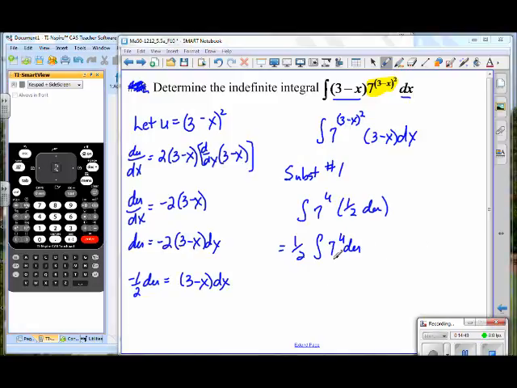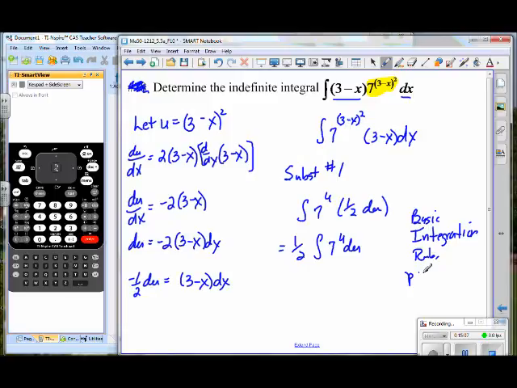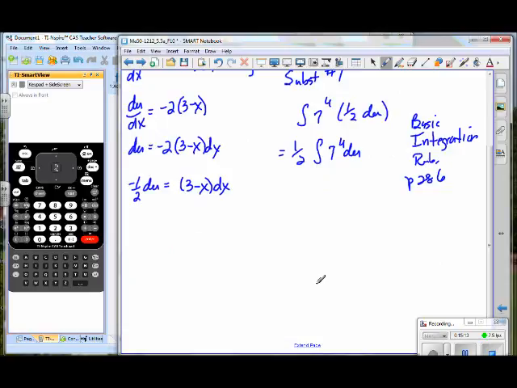Now, we haven't talked about what you do when you have a function such as 7 to the u power. So I'm going to refer you to the basic integration rules that are on page 286 of your textbook. And in there you will see that to integrate this is going to be the same thing as the natural log of the base of our exponent in the integrand.